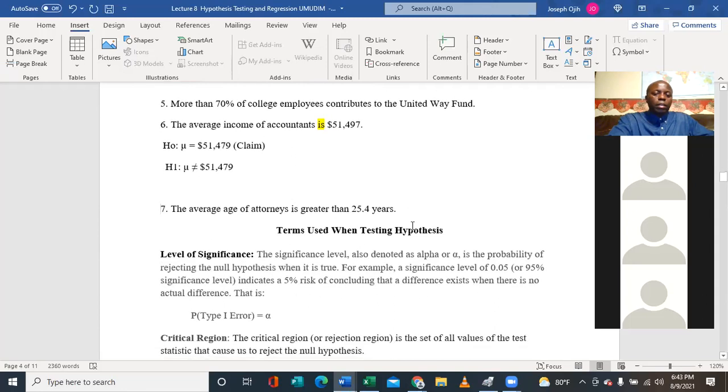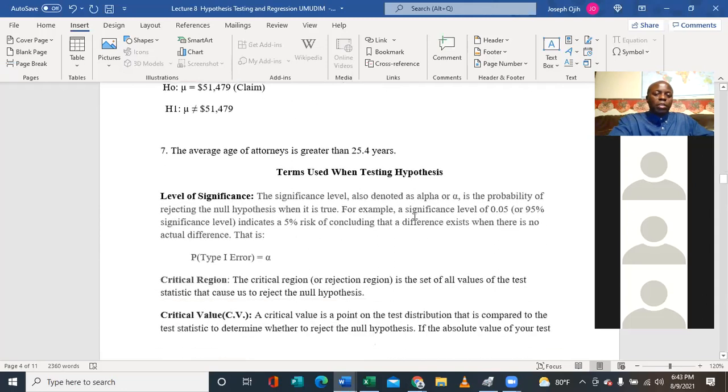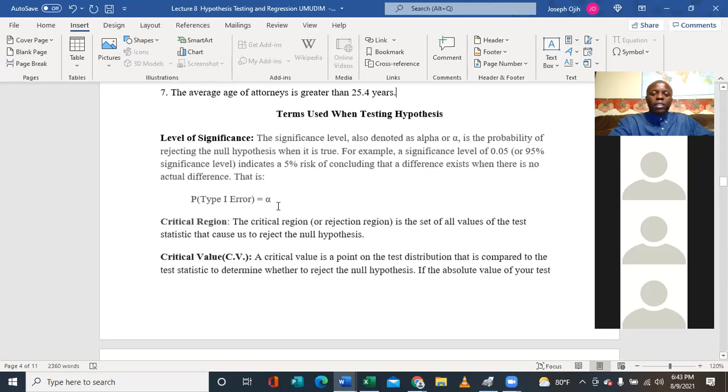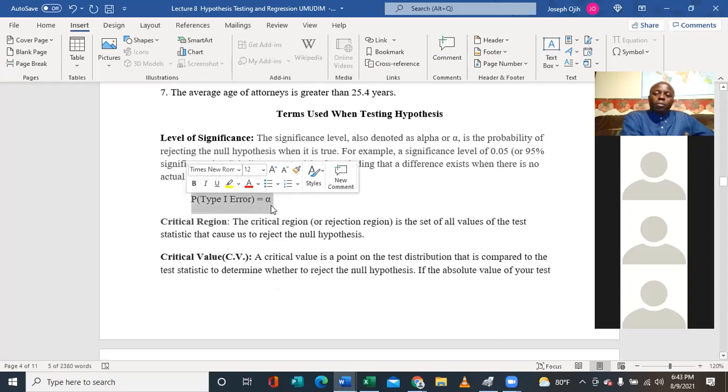Now, let us look at the terms used in hypothesis testing. First one is the level of significance. This simply means the same as the level of significance we did in confidence interval. It's the probability of rejecting a null hypothesis when it is true. Another way of saying it is that the level of significance, which is alpha, is the probability of committing type 1 error.